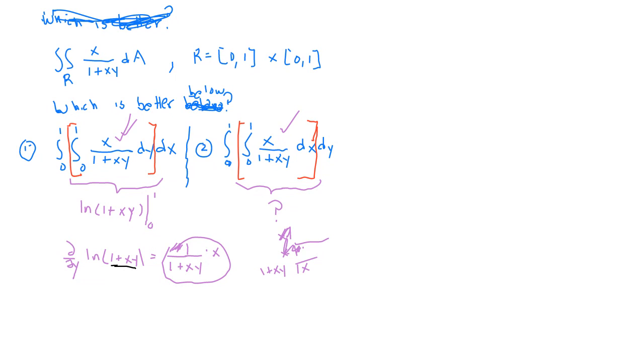Maybe we could rewrite it. Does anybody want to do that, really? What do you think, Ellie? Are you now leaning more towards integrating with respect to y first? What's your thinking?